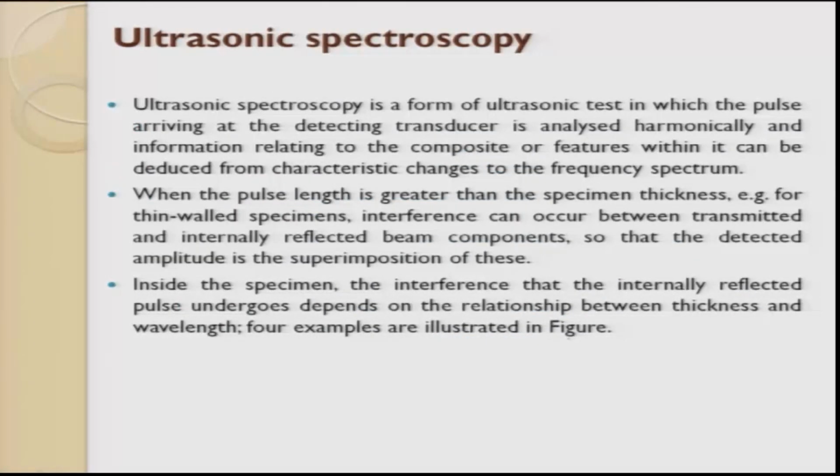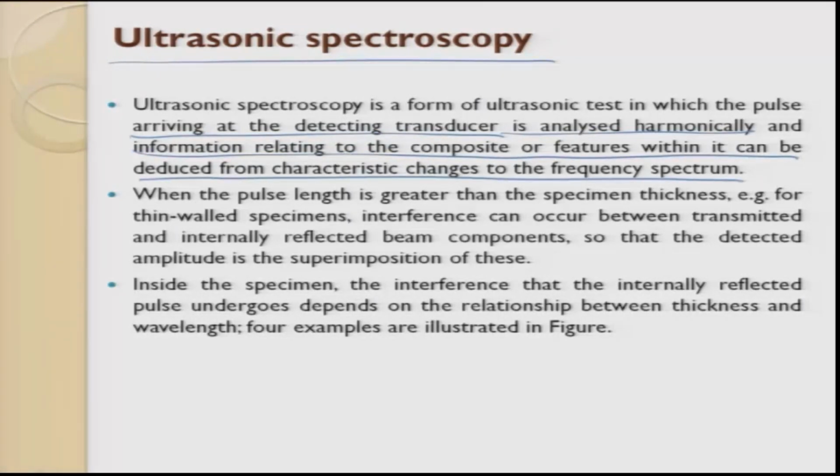The next one is ultrasonic spectroscopy. Ultrasonic spectroscopy is a form of ultrasonic test in which the pulse arriving at the detecting transducer is analyzed harmonically, and information related to the composite or features within it can be deduced from the characteristic change in the frequency spectrum.